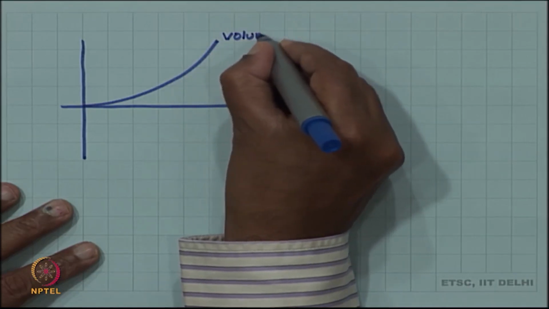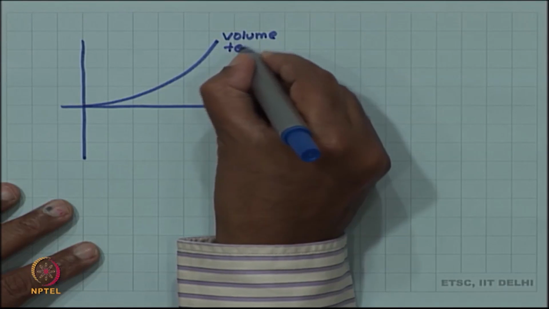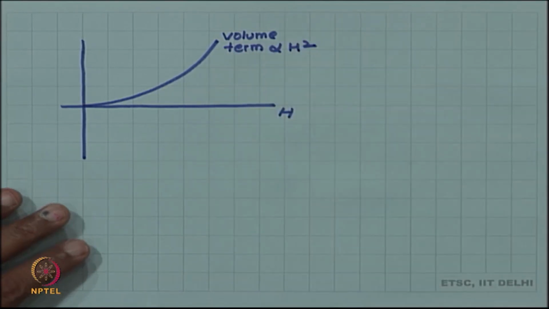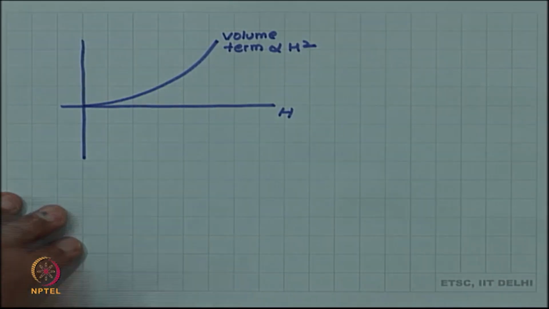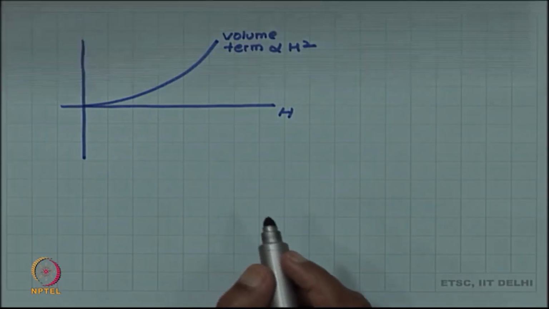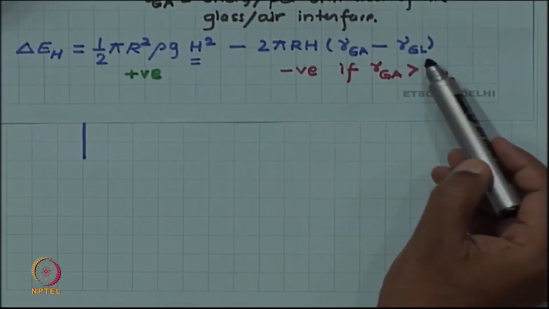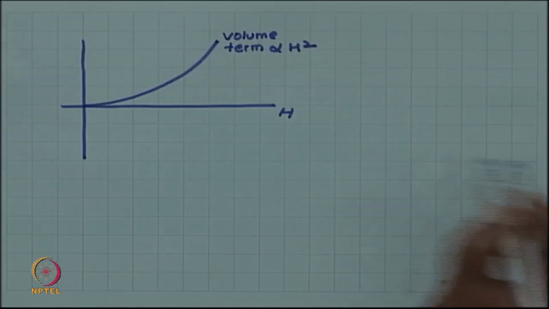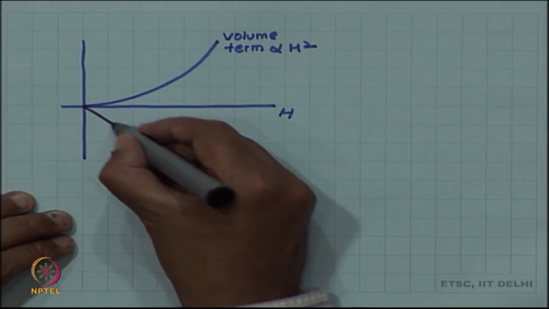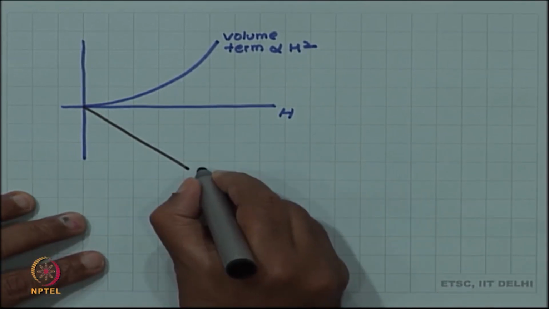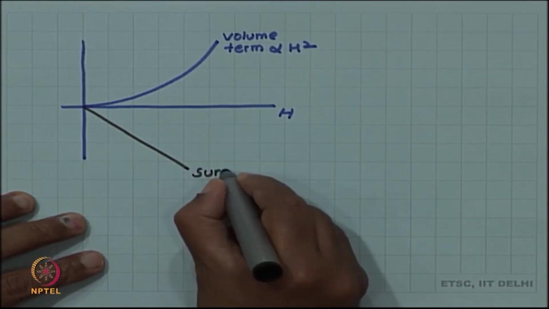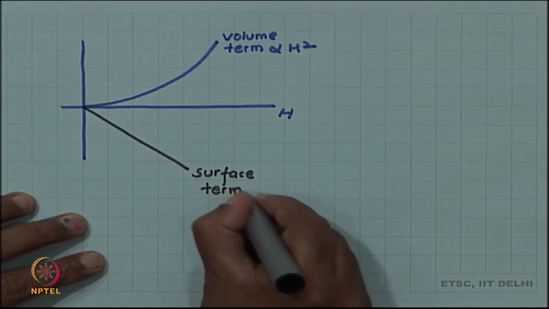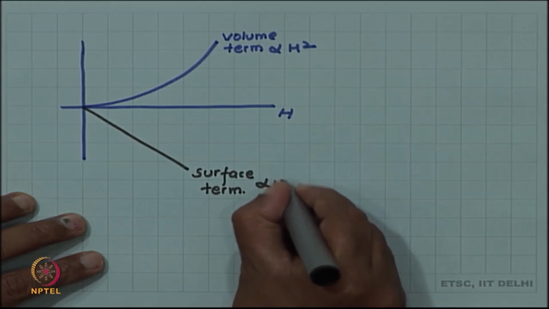So, let us write this as a volume term and is proportional to h square. We will also have a negative term which is proportional to h, and this is the surface term.